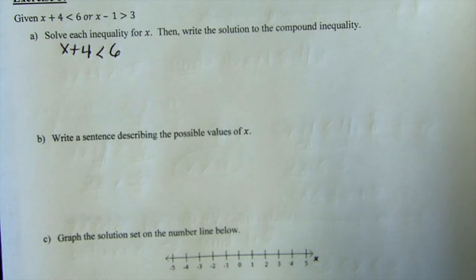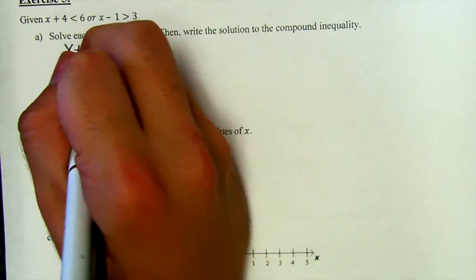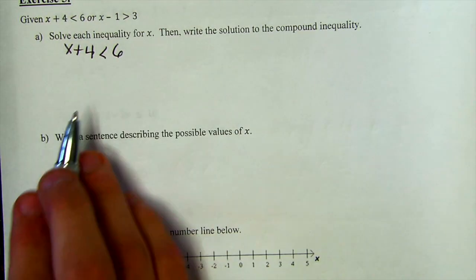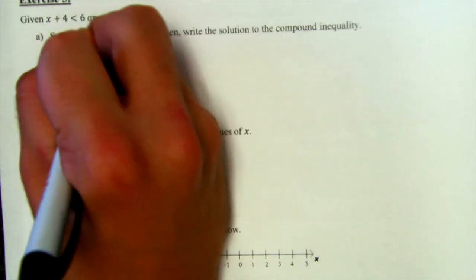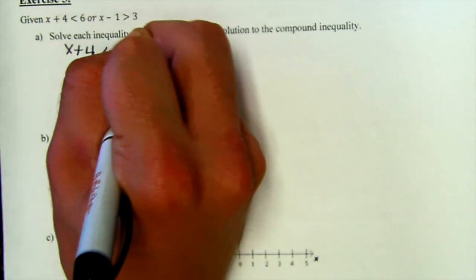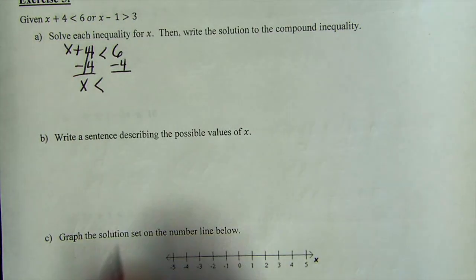In order to solve for x, we're going to have to subtract 4 on both sides. Since we added 4, we're going to subtract 4. So we get that x is less than 6 minus 4, which is 2.